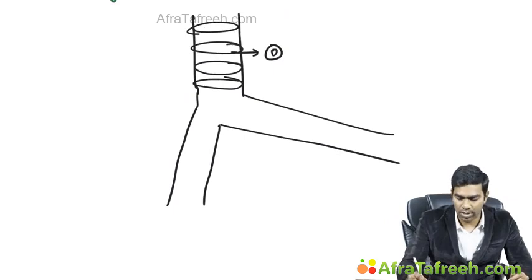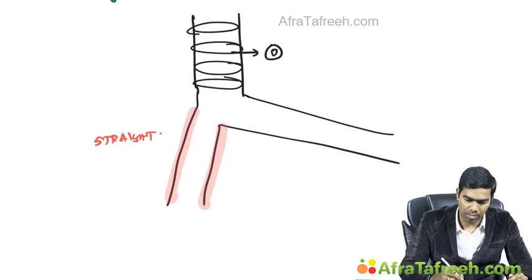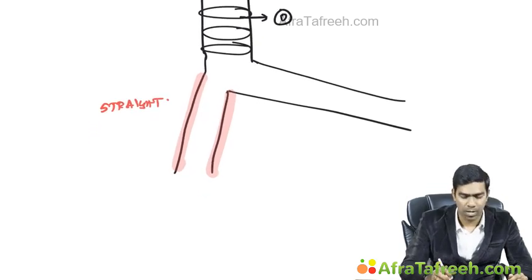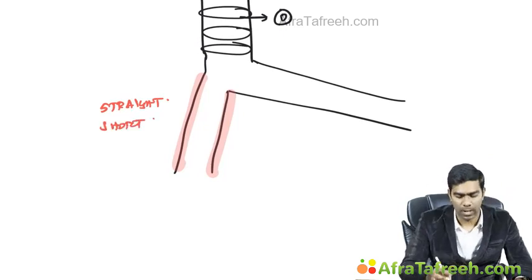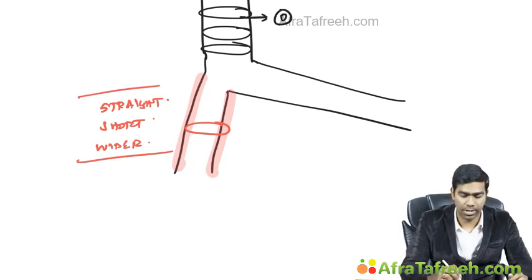So what I have drawn here, you can see this right mainstem bronchus is straight. Clear? The right mainstem bronchus is straighter, and you can see it's shorter, and it will be wider also, which will prove useful in some time.